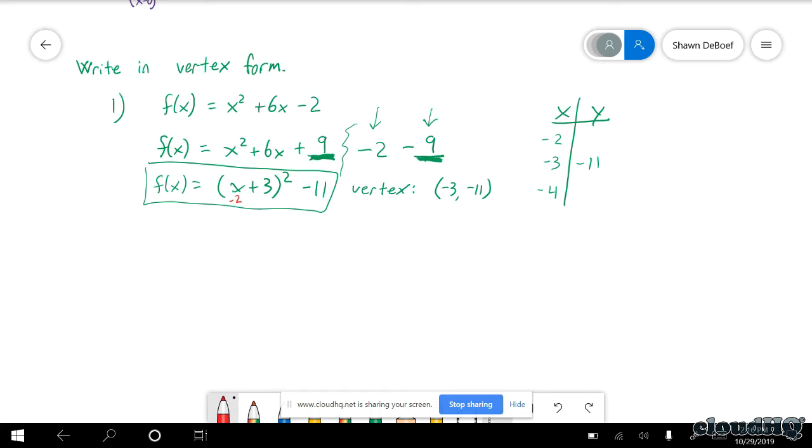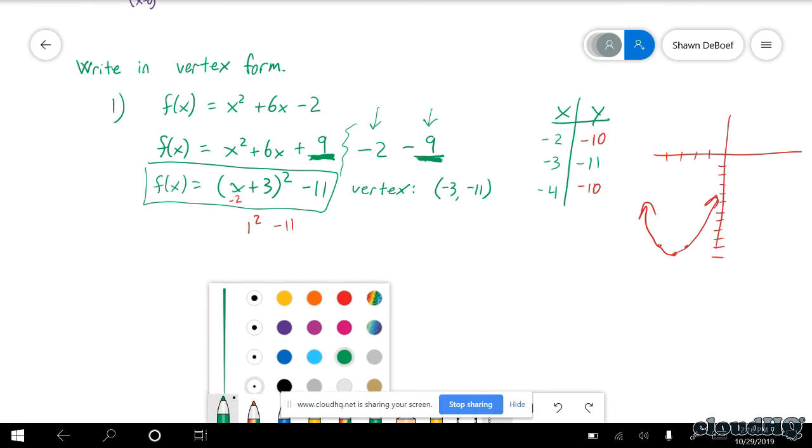So in the parentheses, negative 2 plus 3 would be 1. 1 squared is 1. Minus 11 gives us negative 10. And then they should both be the same. There's a real quick, rough sketch of the parabola.